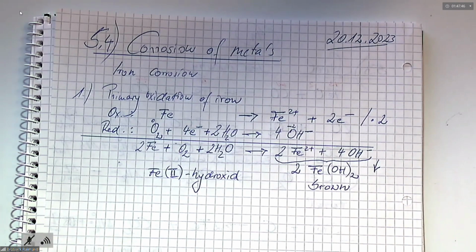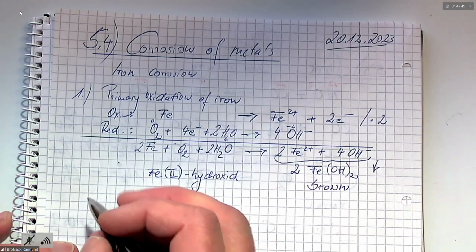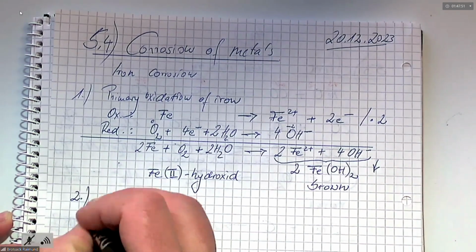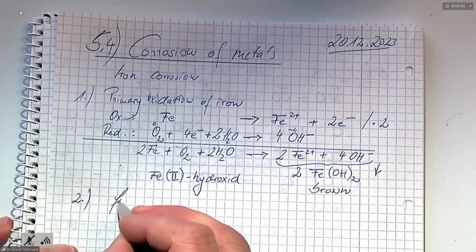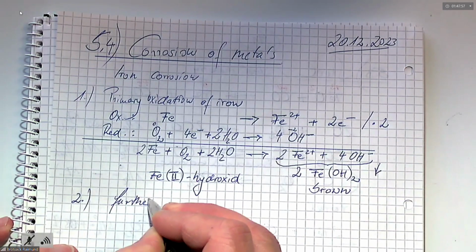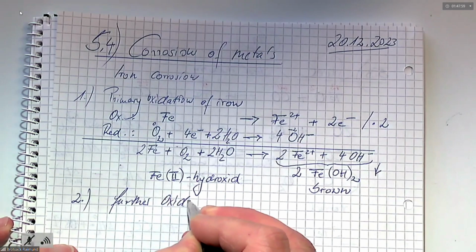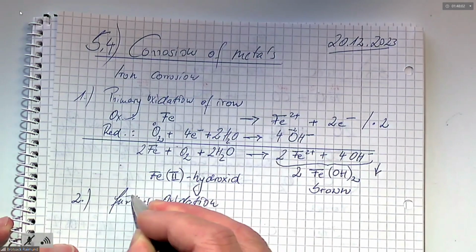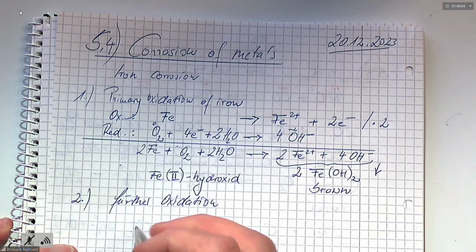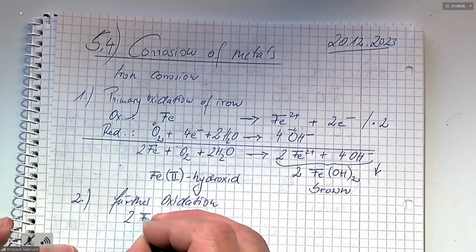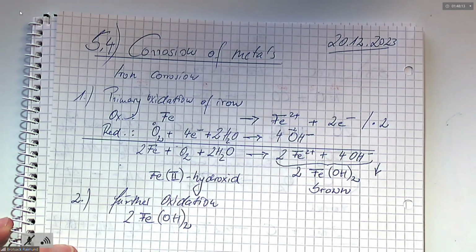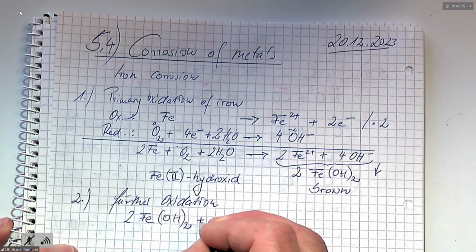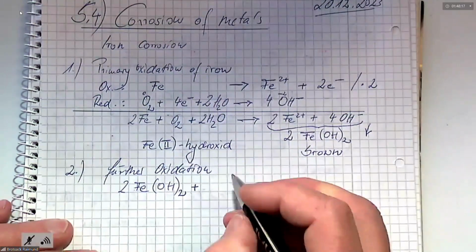But in nature, of course, outside in the environment, we have a lot of different molecules. This could happen, the further oxidation of these iron 2 plus hydroxide, or iron 2 hydroxide, when we have additional oxygen.